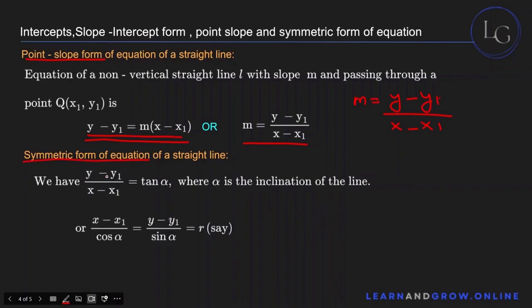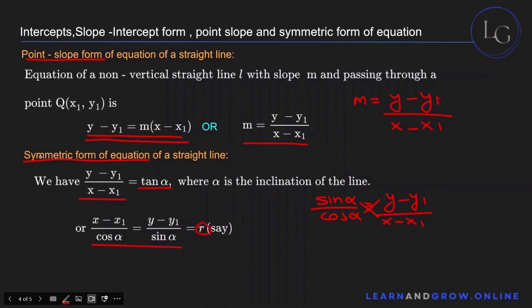Now we know that the gradient can also be written as tan alpha, right? If you write tan alpha as sine alpha over cos alpha and put it equal to the point slope form, which is y minus y1 over x minus x1, and cross multiply both of these sides, you get this, and that is equal to some constant r.